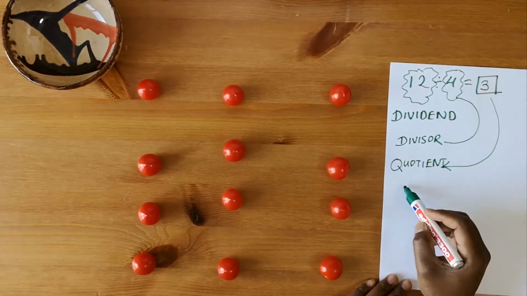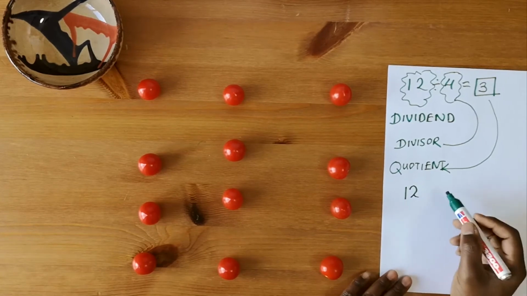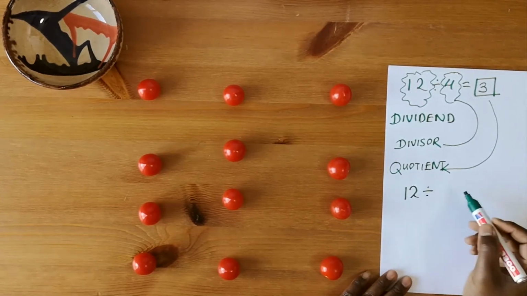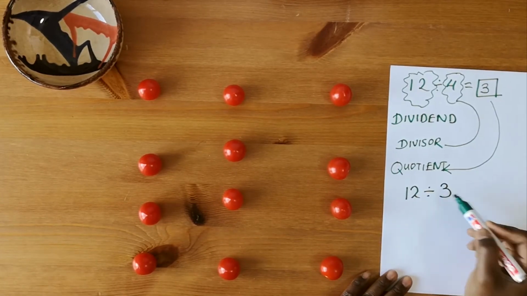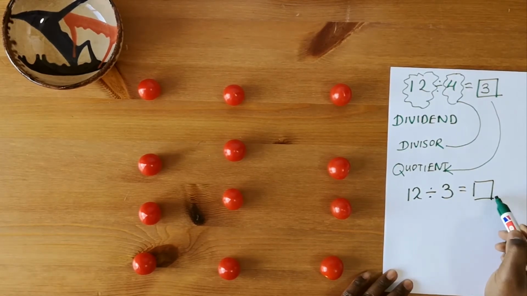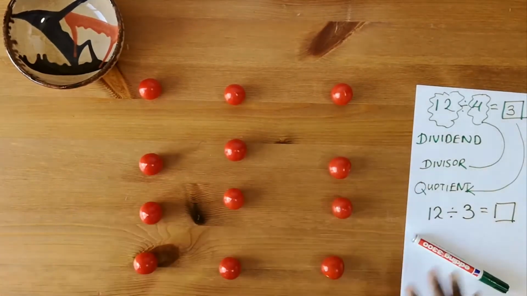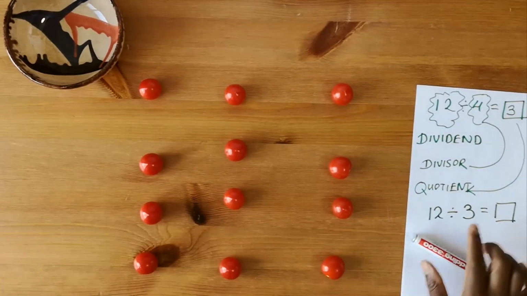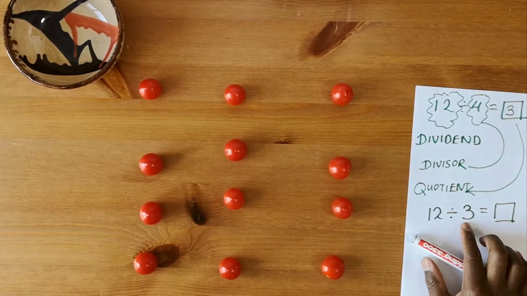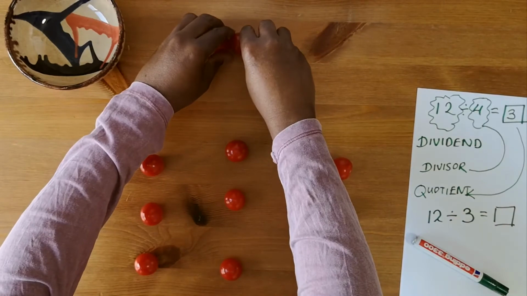Now, I'm taking my same dividend, 12. This time I want to divide it by 3. Let's see what we get. Here are my 12 tomatoes. Now I want to make groups of 3. So here's a group of 3.